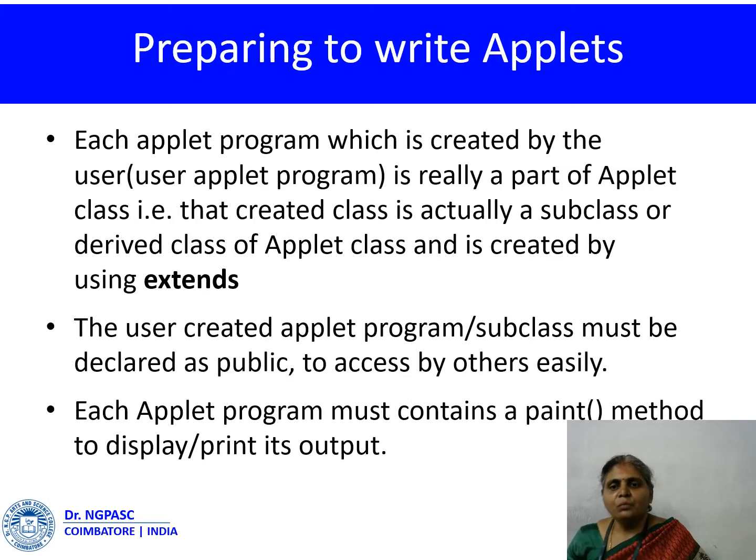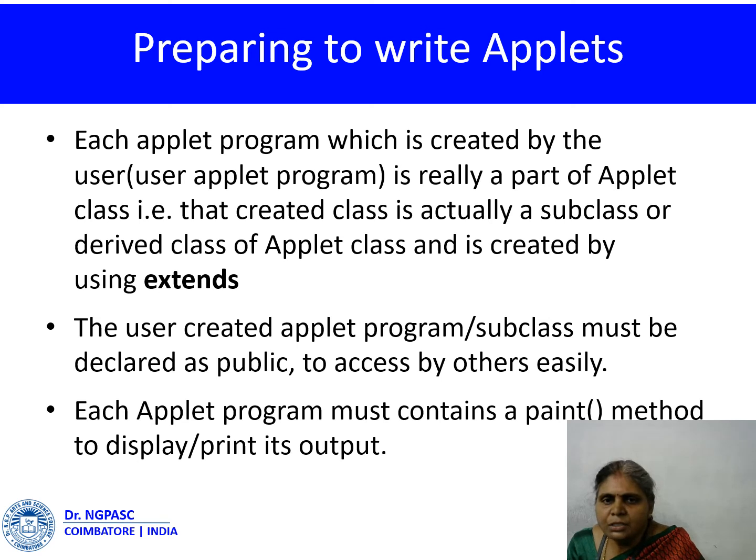Now we will see how to write an applet. The heading is preparing to write an applet. As I already told you, the class in your Java program must extend the Applet class, which is imported from the java.applet package, as well as java.awt. Why must java.awt also be imported?